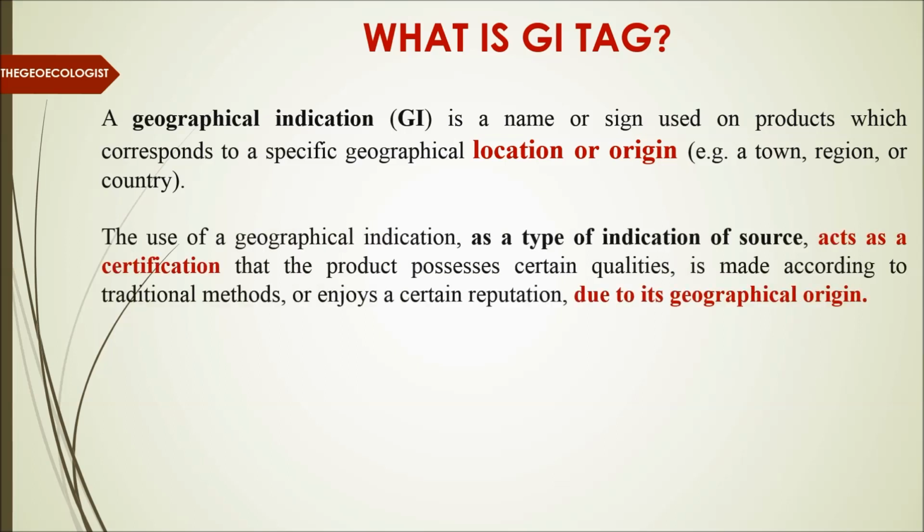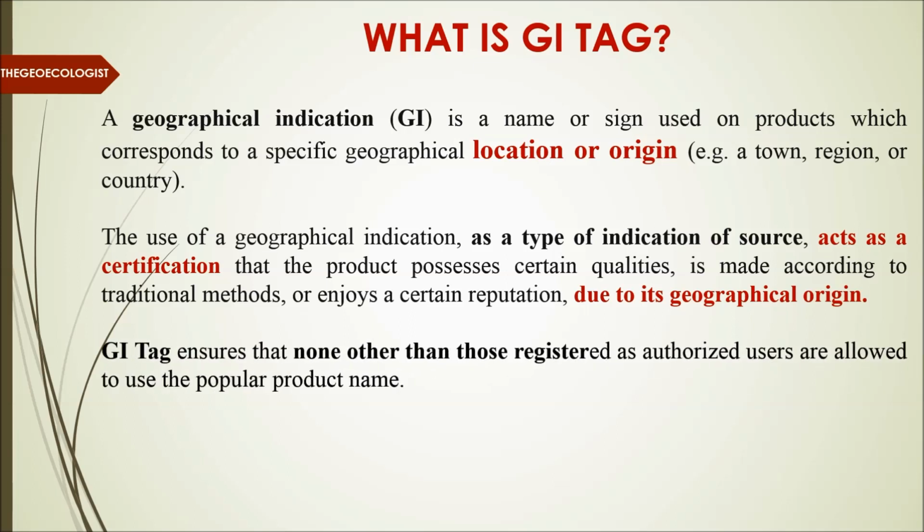Then the use of geographical indication as a type of indication of source acts as certification. So it's basically a kind of certification of the products. It means that those products possess certain unique qualities that correspond to their geographical origin. So if there is a product which has some qualities linked to a particular place, particular origin, particular geographical location, then it has a certification through this GI tag.